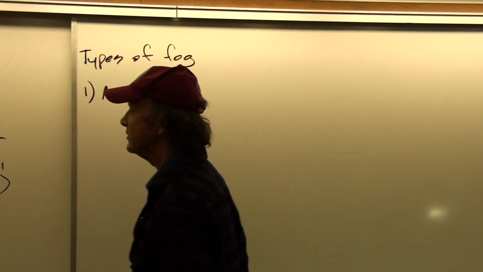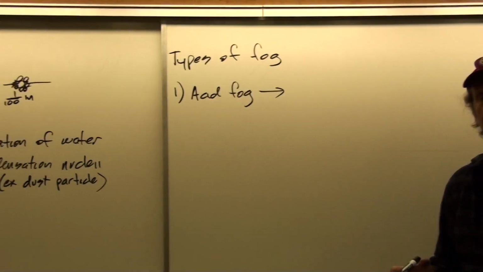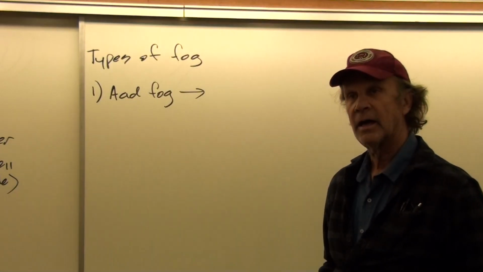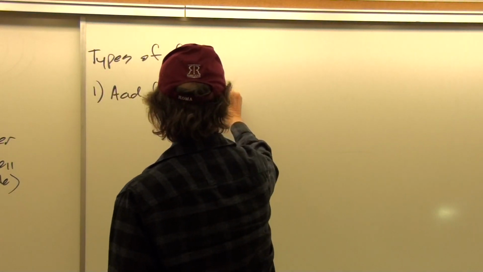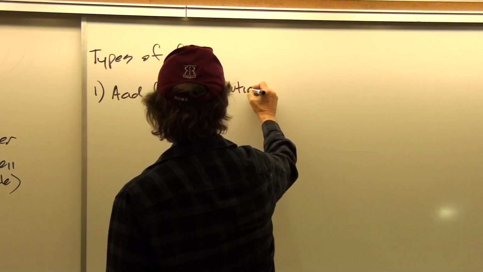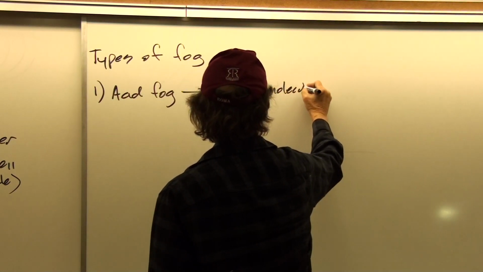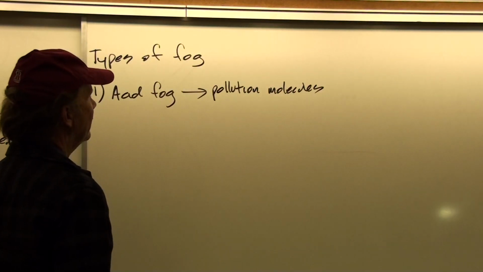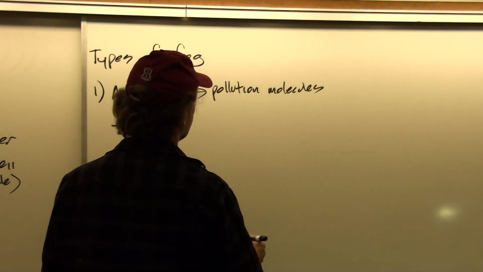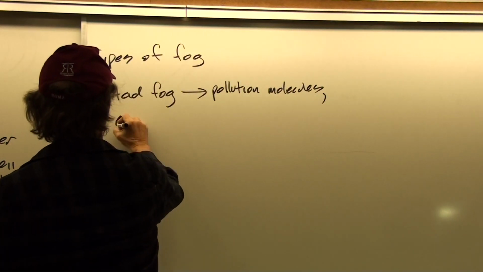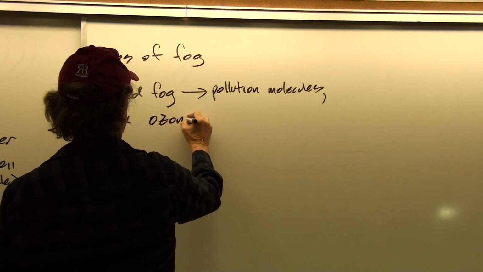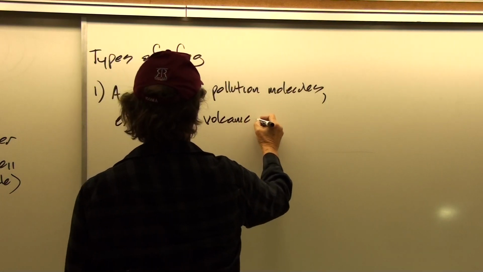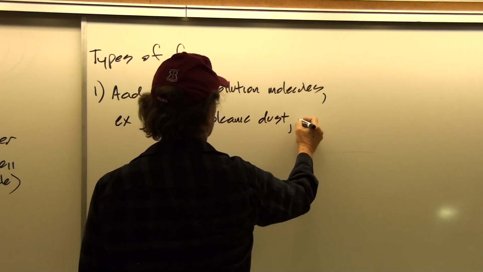So here, the condensation nuclei, instead of being dust particles, might be pollution molecules. So you might have, for example, ozone, or you could have volcanic dust. Smog.